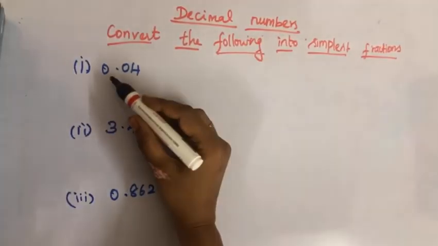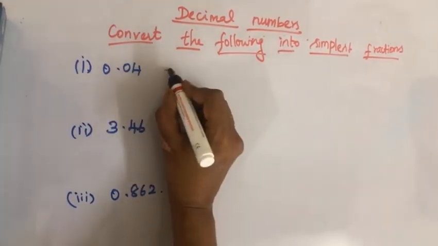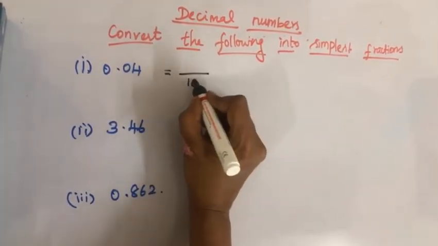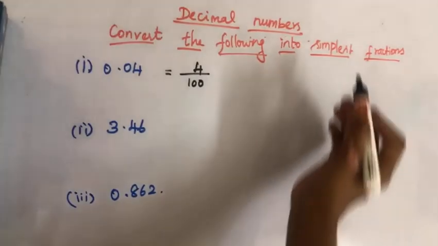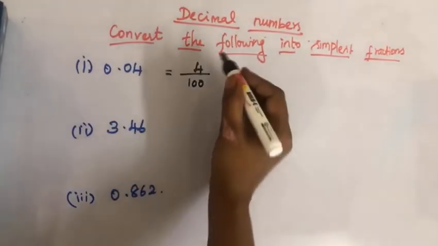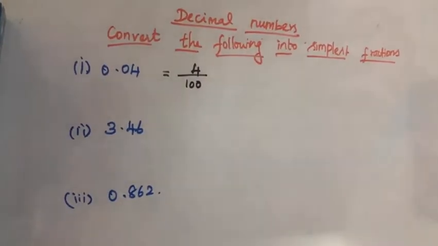Okay. So, 0.04. If two decimal places are there, in the denominator 100 should come, and in the numerator 4. What is the simplest form? We have to simplify. We have to cancel with a common number.